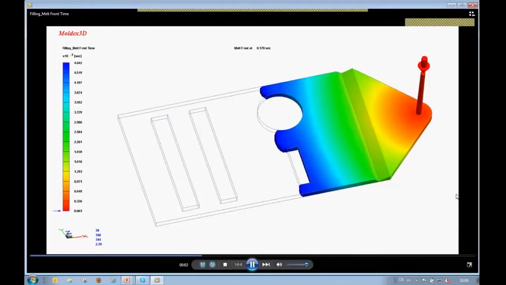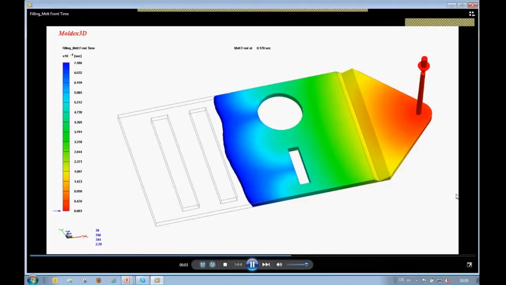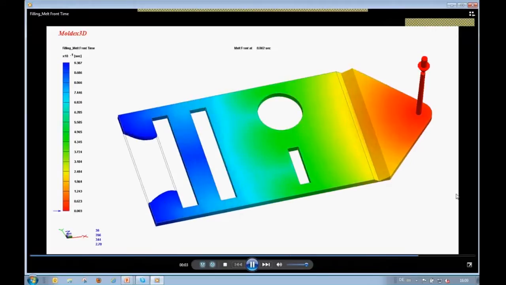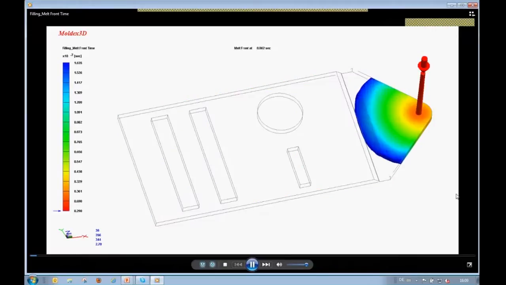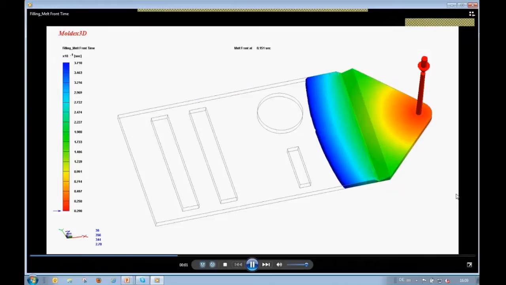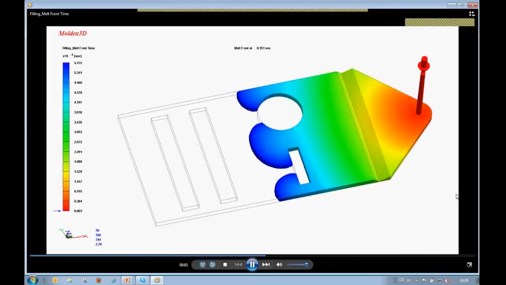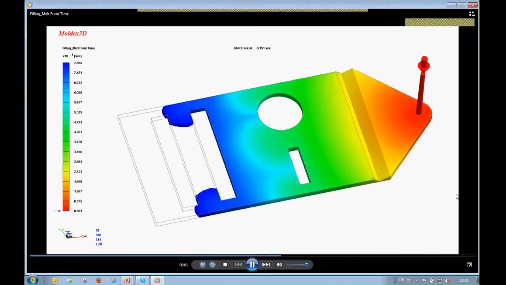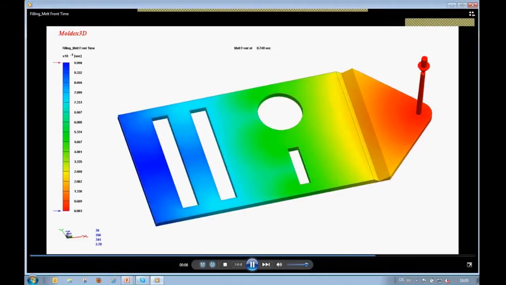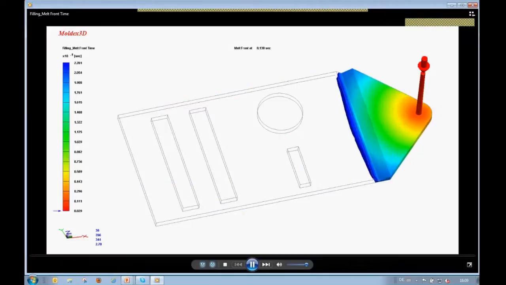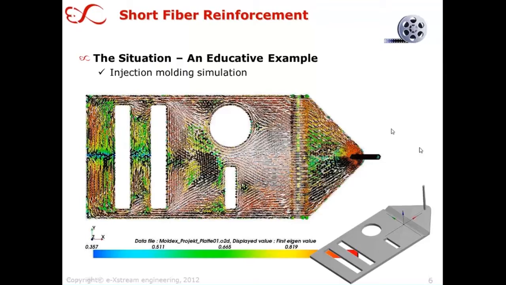And then when the filling of the plate completes, we enforce another very typical and critical situation, which is the occurrence of a static weld line in the part.